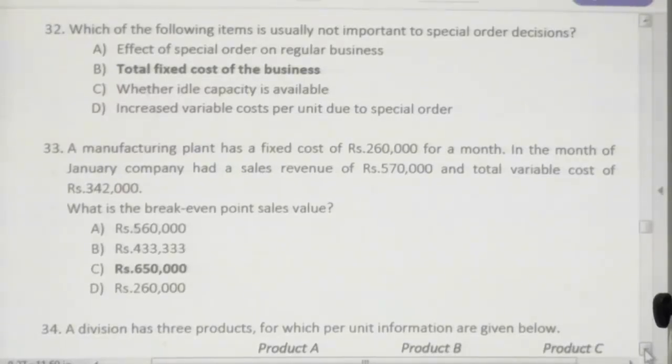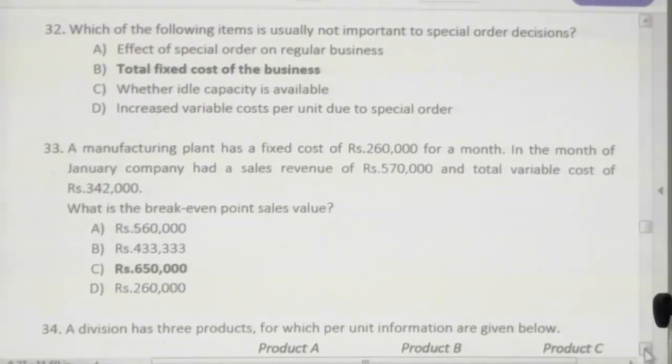See whether idle capacity is available. It is very important. If there is no idle capacity, you have an opportunity cost. Why? If there is no excess capacity, you have to stop your regular business and accept the order. In such a case, you have an opportunity cost, losing contribution from existing sales.